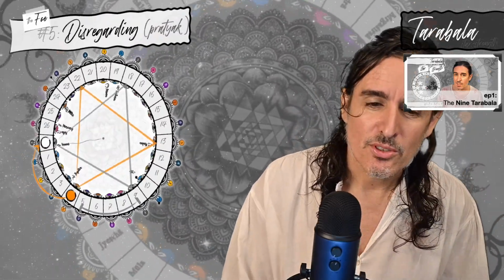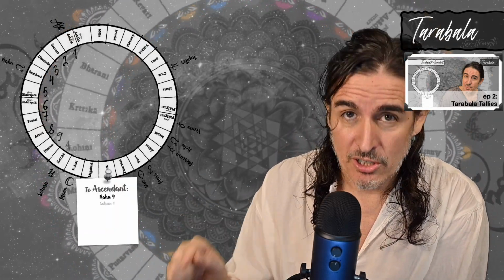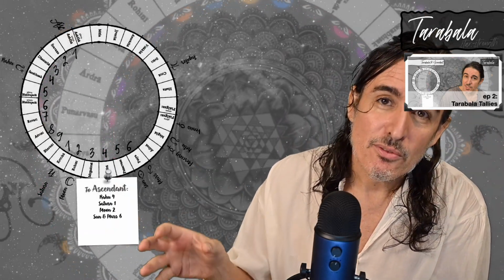In episode 1, I introduced the 9 Tarabala conditions, which describe the way planets cooperate or resist cooperating with each other. In episode 2, I showed you how to draw a Tarabala Nakshatra chart and use it to identify all the Tarabalas that affect each and every point in your chart.